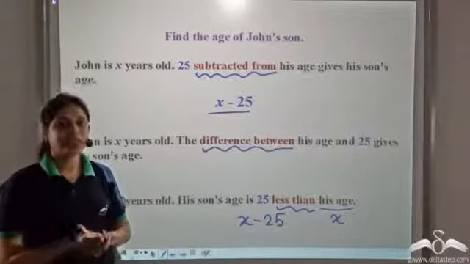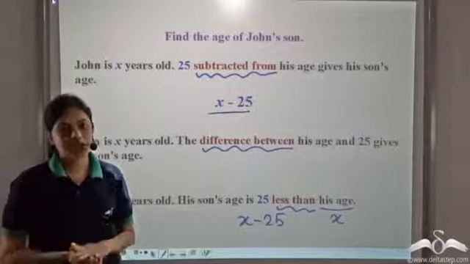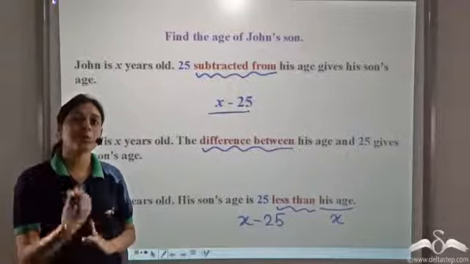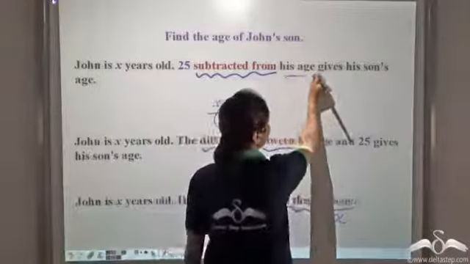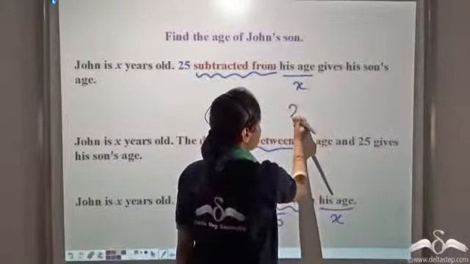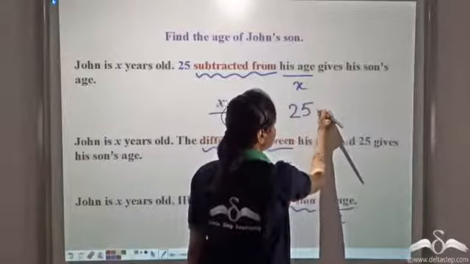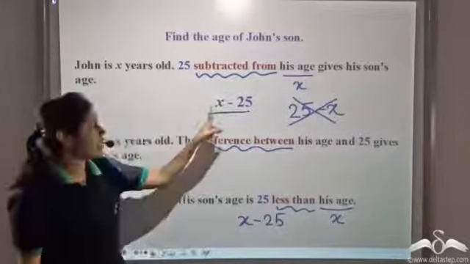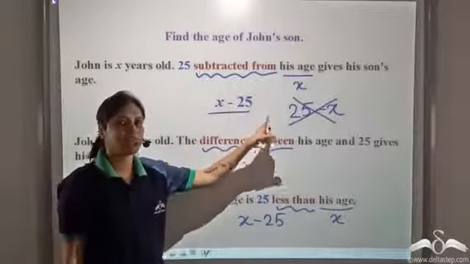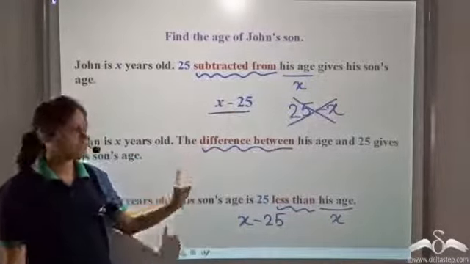Note that in some cases, the subtraction operation works backwards. So 25 subtracted from x is not 25 minus x. It is x minus 25. It works backwards.